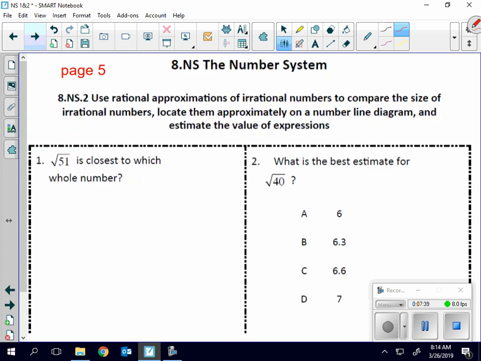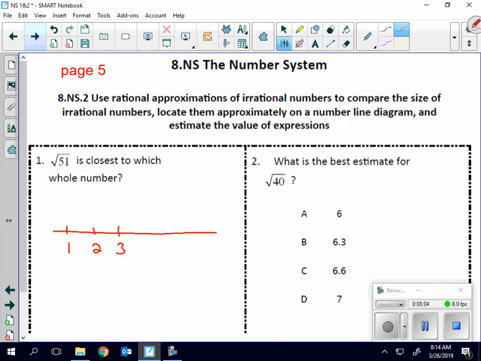All right, now we're on page 5. The square root of 51 is closest to which whole number? Well, if you don't know off the top of your head, what you can do is make yourself a number line with all the perfect squares on it. For instance, if I put the numbers 1, 2, 3, and just go up to whatever you need.